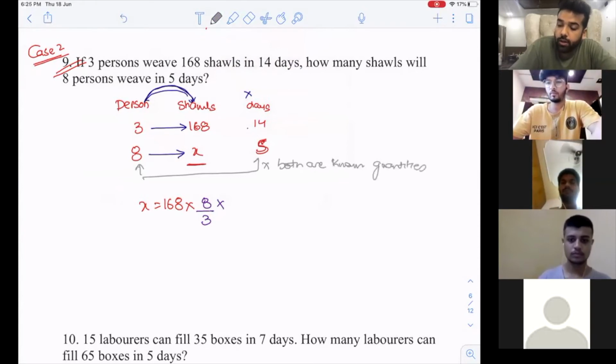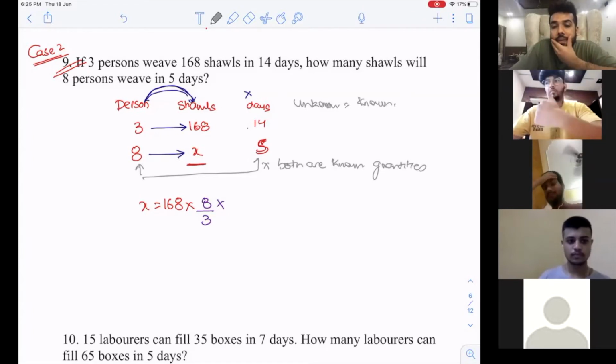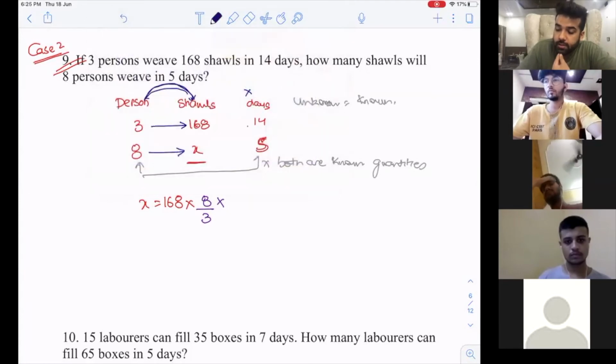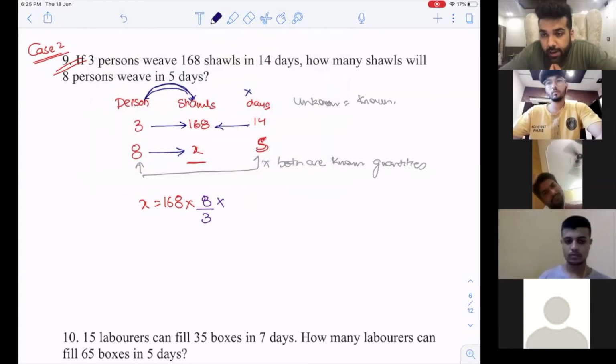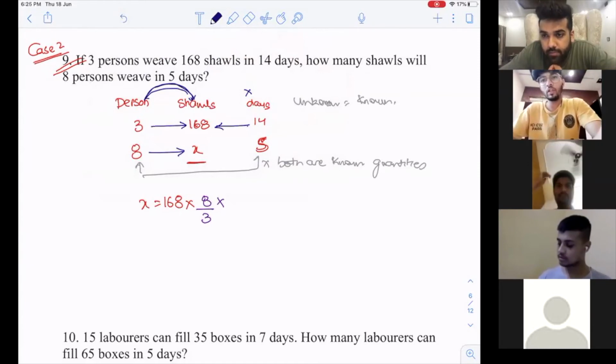We can only compare unknown with known. Clear or not? Okay, now let's do it more further. In 14 days I can weave 168 shawls. In 5 days, more shawls or less shawls? Less, sir.